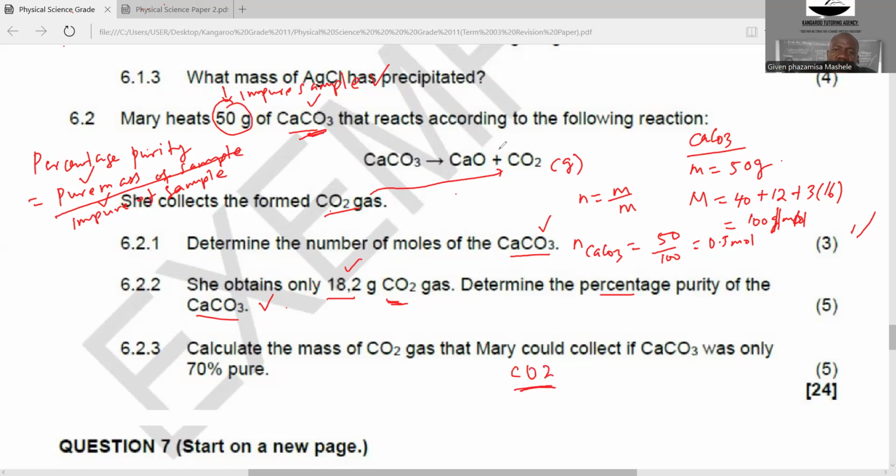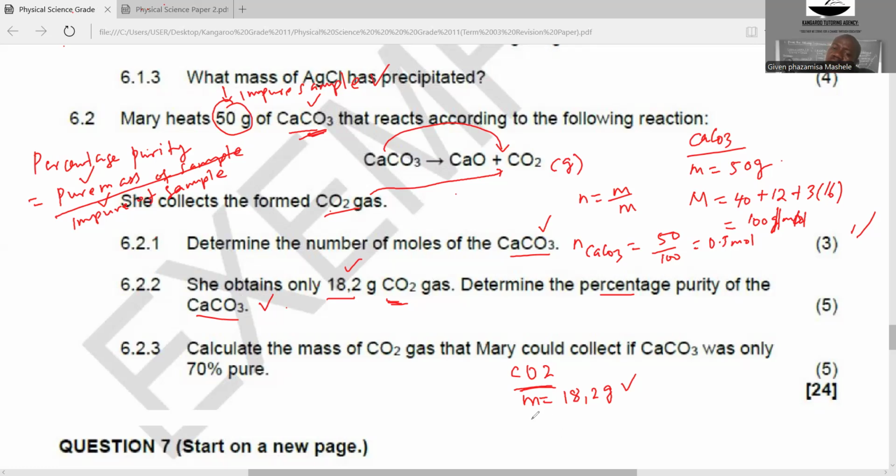Remember, carbon dioxide is produced from calcium carbonate. So we are given the mass of carbon dioxide which is produced. It's 18.2 grams. And the best way to relate two substances is to use the number of moles, according to the stoichiometric calculation.